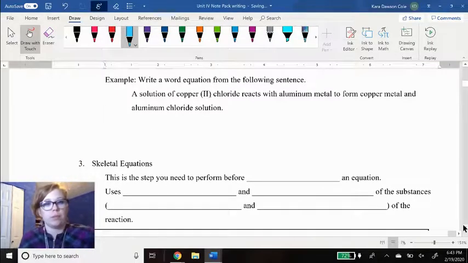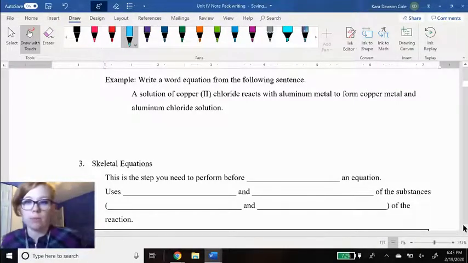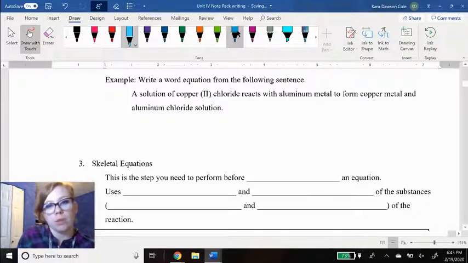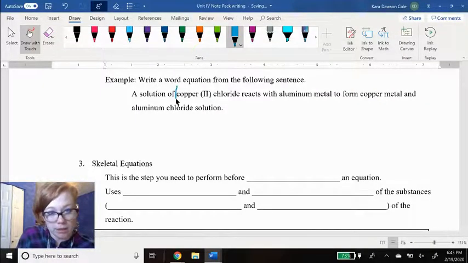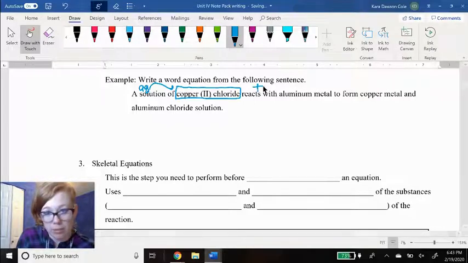So, for example, we're writing a word equation from the following sentence. The sentence is: a solution of copper(II) chloride reacts with aluminum metal to form copper metal and aluminum chloride solution. All we're doing is pulling out the reactants and the products. So here's a reactant, and this is its state. It's a solution, which means it's aqueous. And "reacts with" is going to be the plus sign.